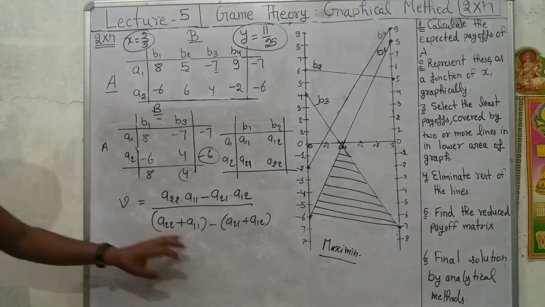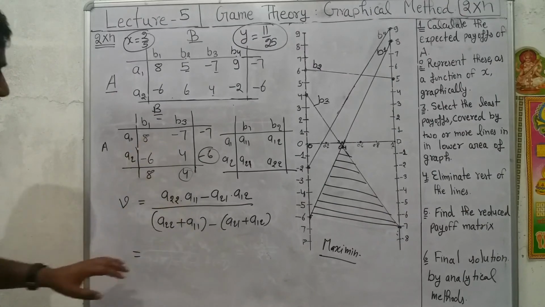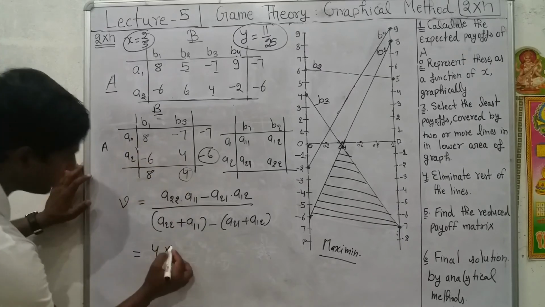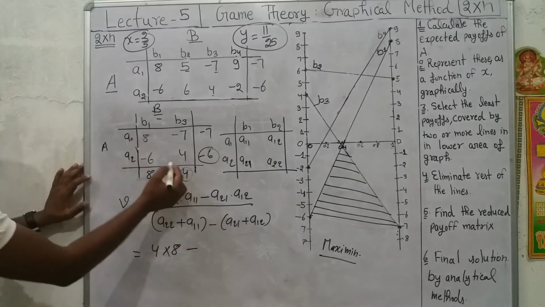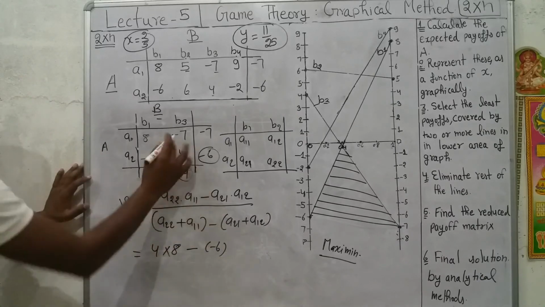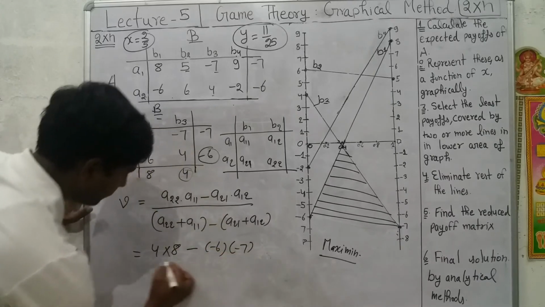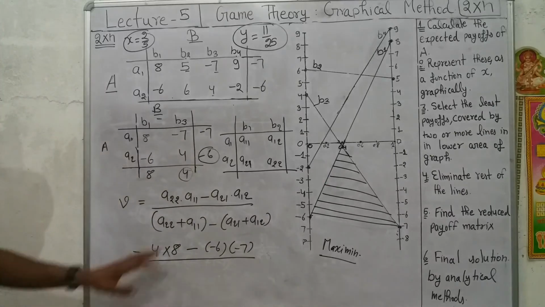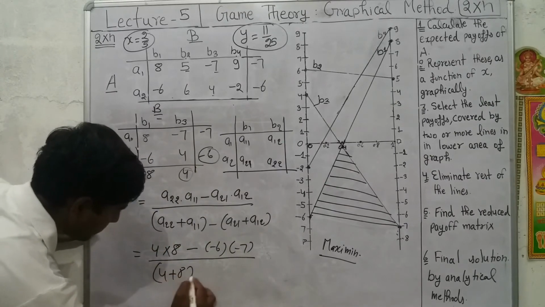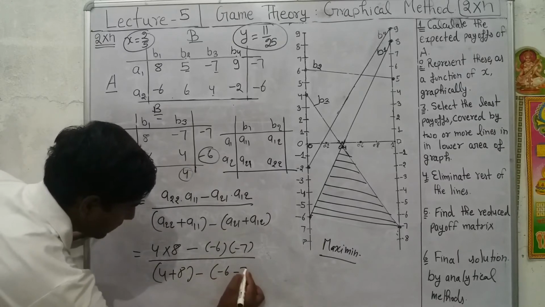So now taking the values from this table, A22 is 4 into A11, that is 8, minus A21, minus 6, into A12, that is minus 7, divided by A22, that is 4 plus 8 minus minus 6 minus 7.